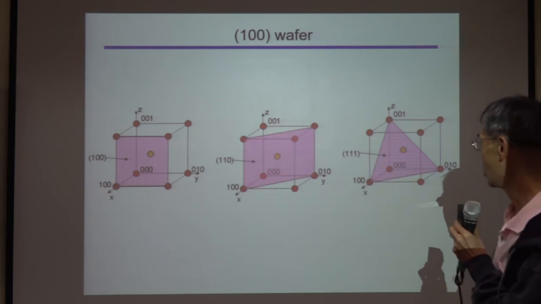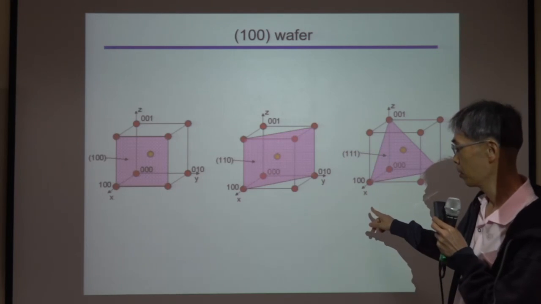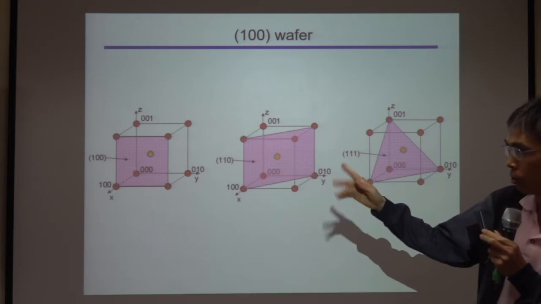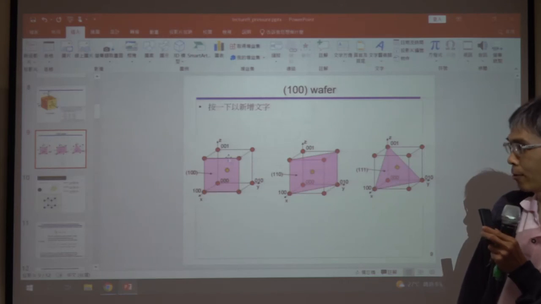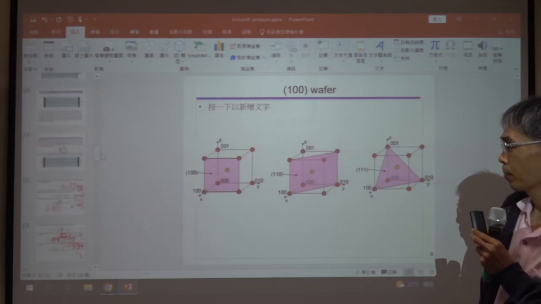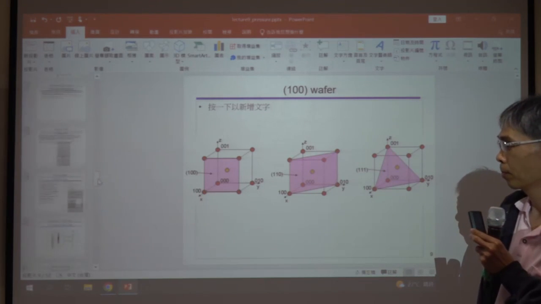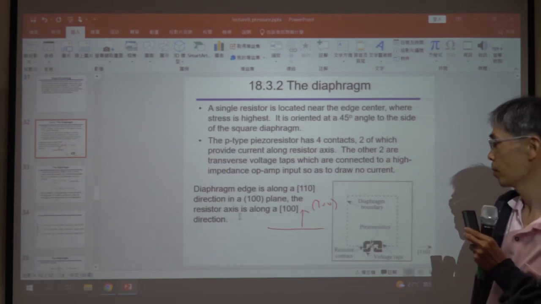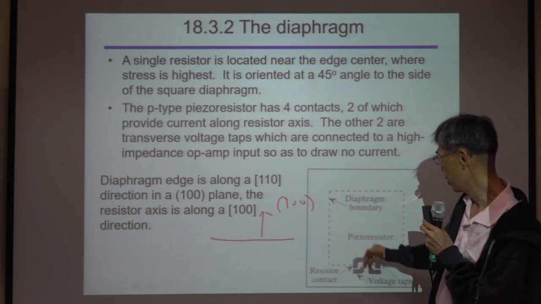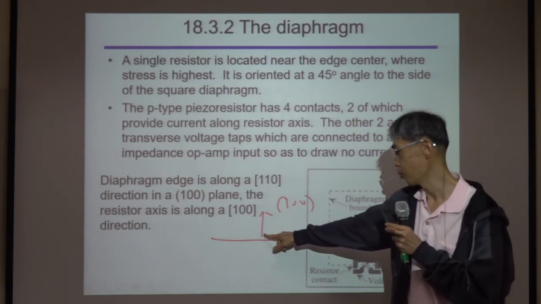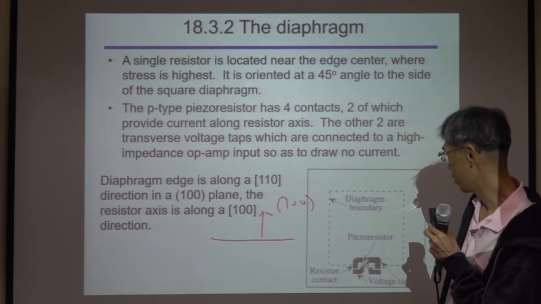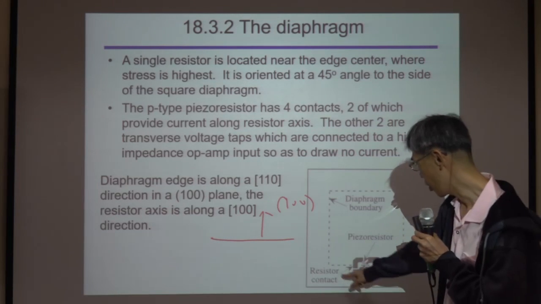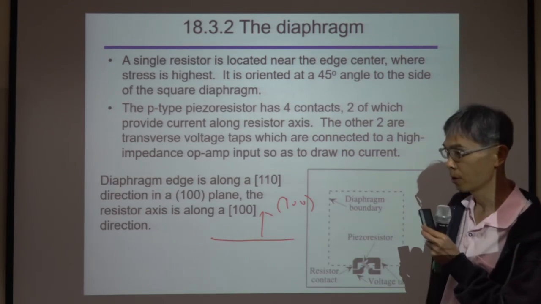And the angle between, okay, can you go to that page? Go back. Yes, see, this is the 100 wafer. And so why is this the 110 direction?